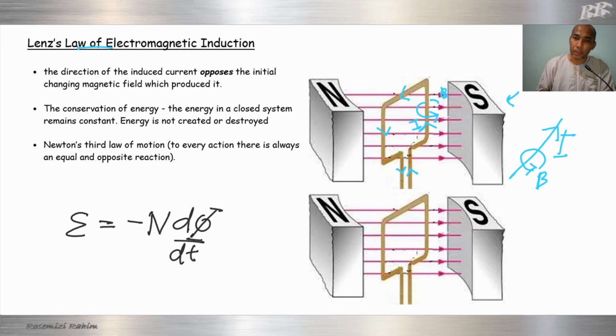This induced current flows through the conductor. Based on Ampere's circuital law, when current flows through the conductor, there will be a magnetic field here. For this one we use the right hand rule.